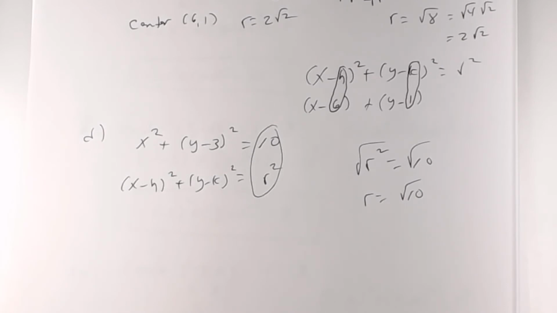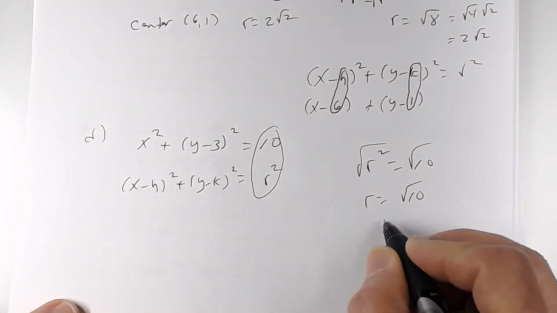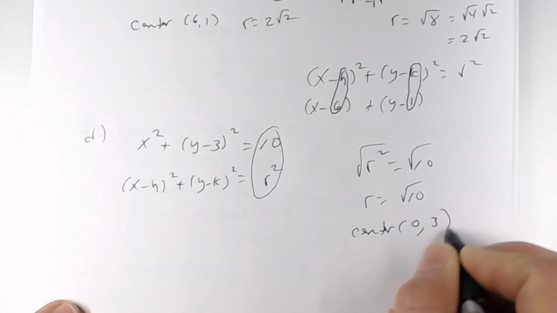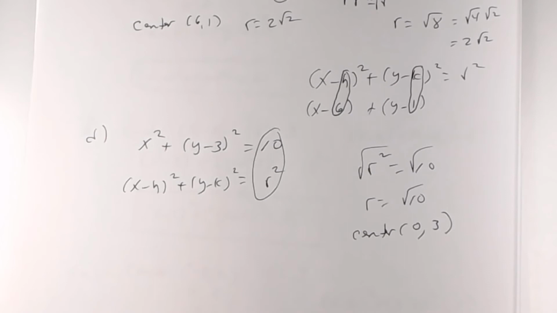Some of you are thinking the center is 0, 3. You can't just say it's 3. He's correct. It is 0, 3, because see that x squared?